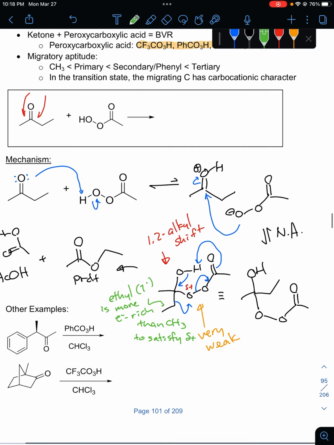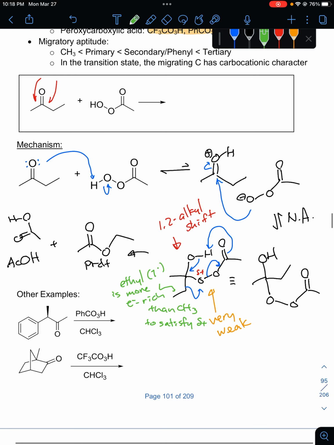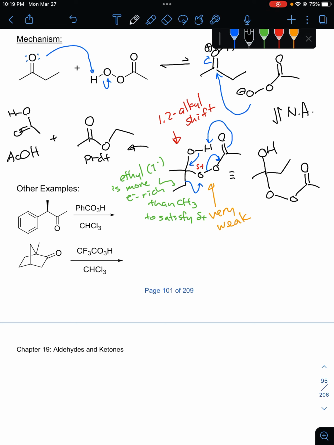Okay. Oh man, I didn't leave myself much space there. So with that said about the mechanism, I guess I should probably draw the product. I don't know how that turned out. That looks a little better. And then acetic acid was the byproduct, right?